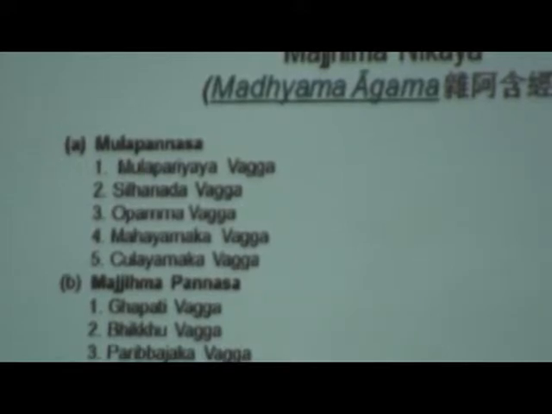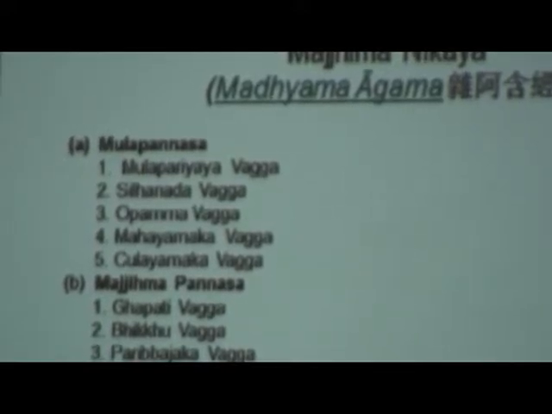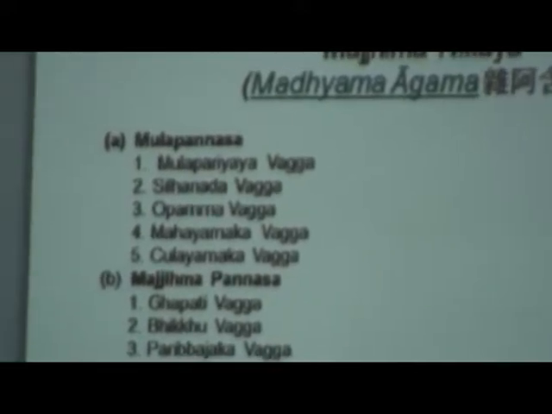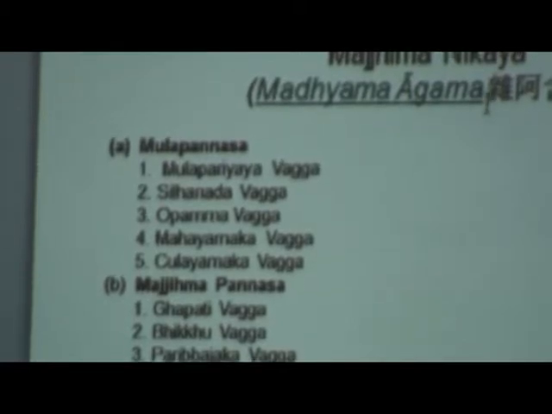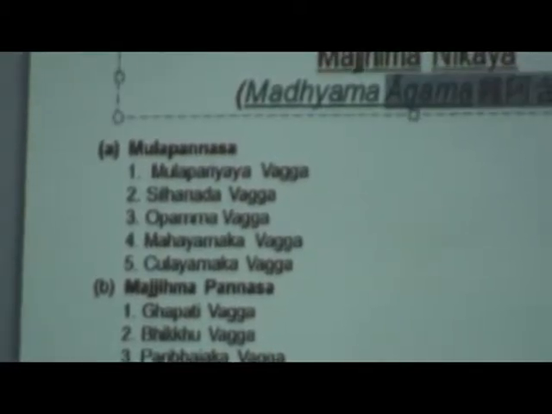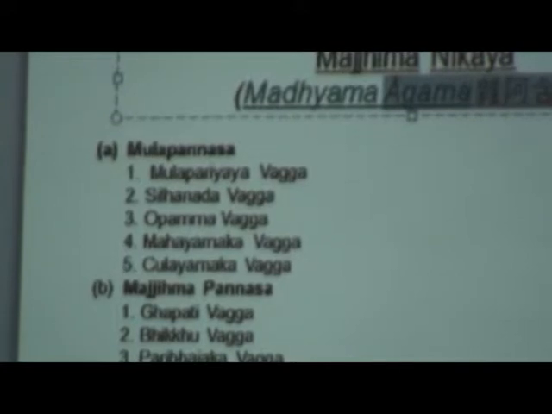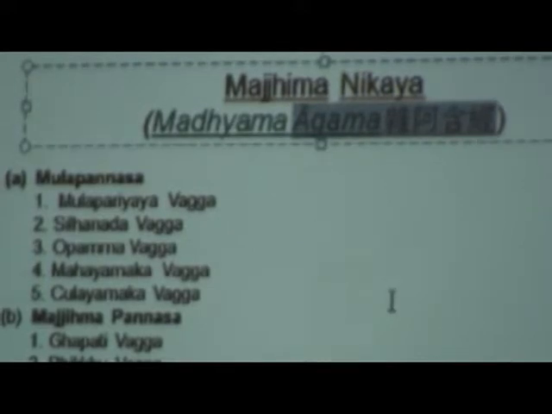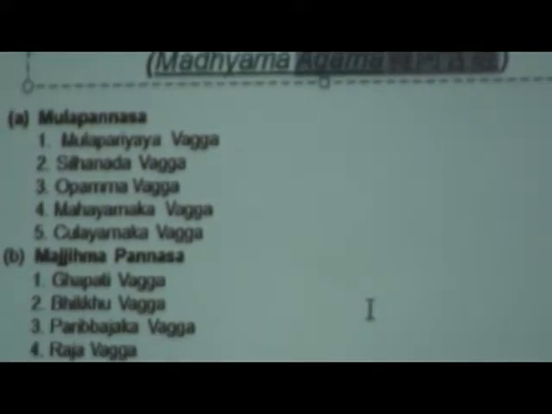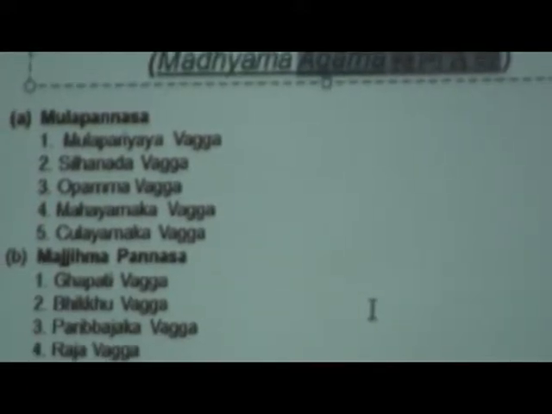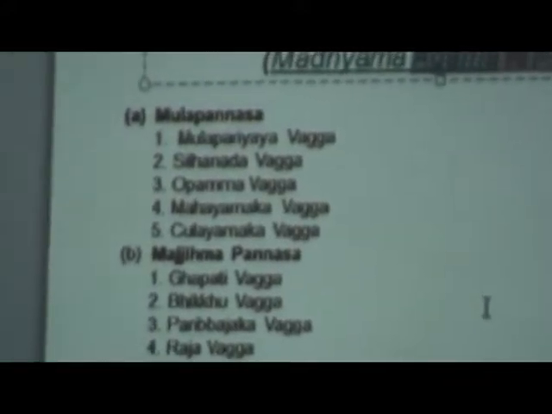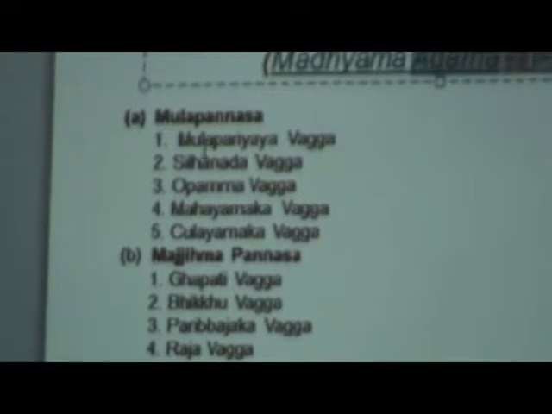Basically, this is the problem of the computer. No, this is my problem because I just cut and pasted, so I pasted the wrong thing. So this is the medium length. Each part consists of 10 suttas.